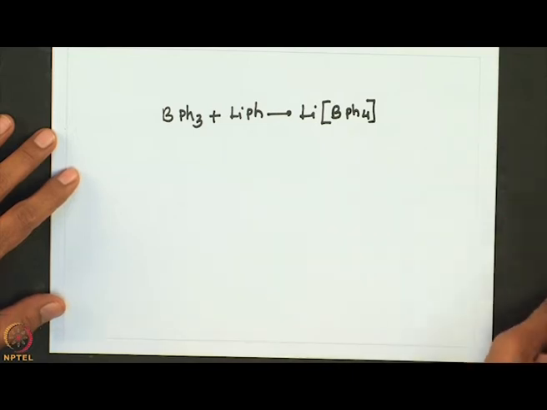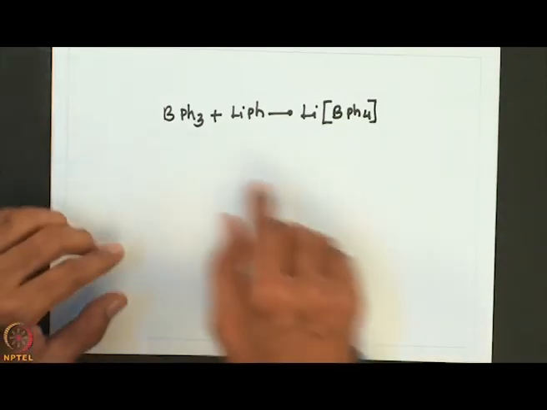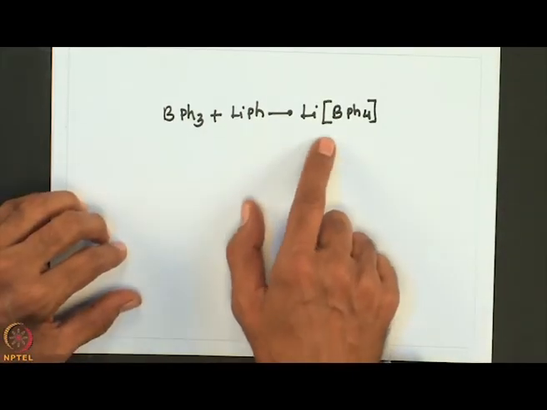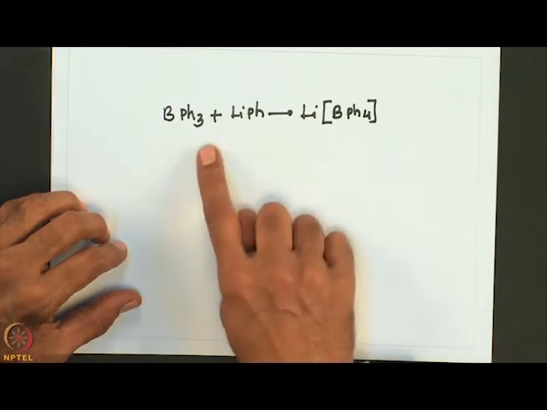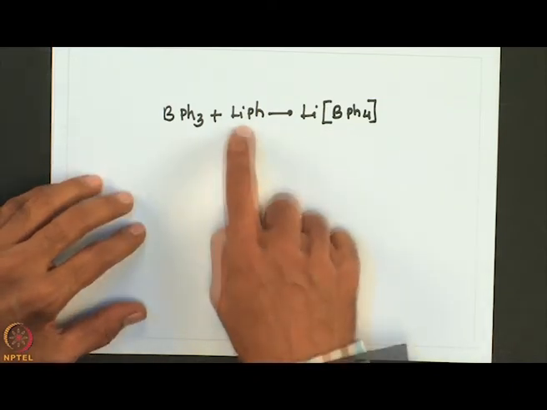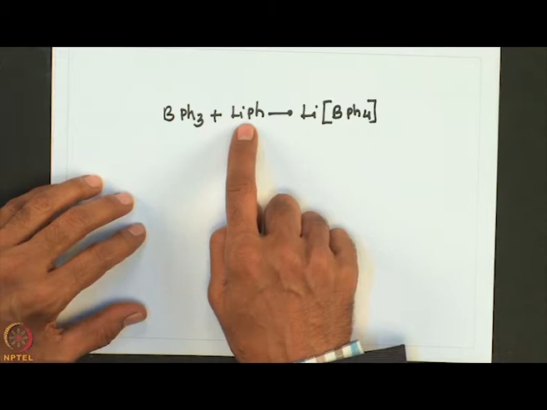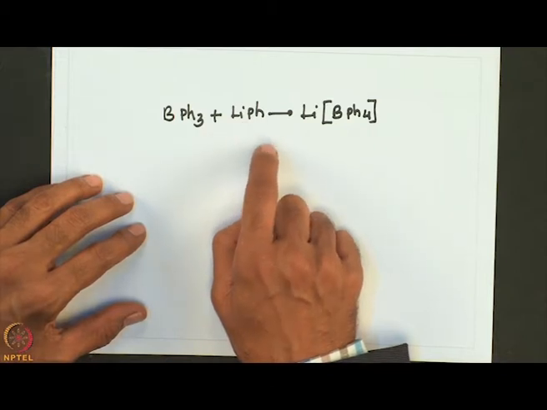So, this reaction may be viewed as the transfer of the strong nucleophile phenyl from the weak Lewis acid, which is Li+, to the stronger acid BPh3.